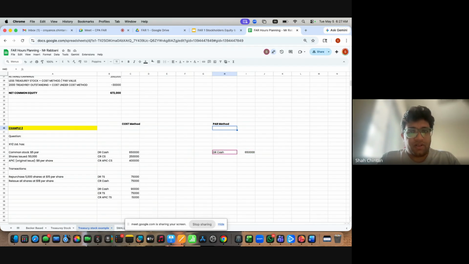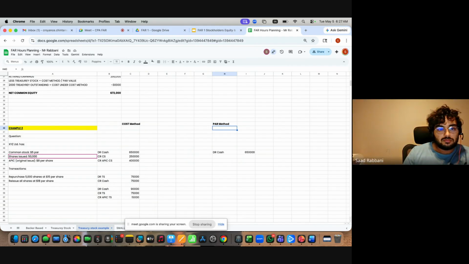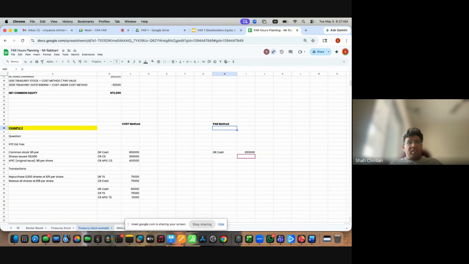So your first entry, will it remain the same or will it change? Same. Perfect. It's a stock issuance entry, so it has no impact. The same entry.